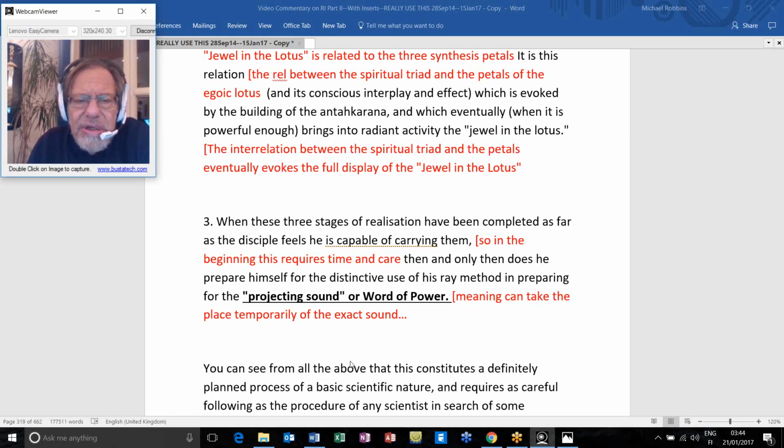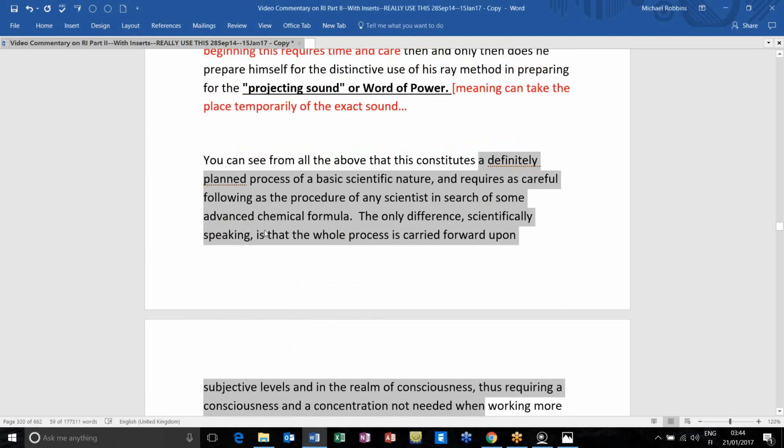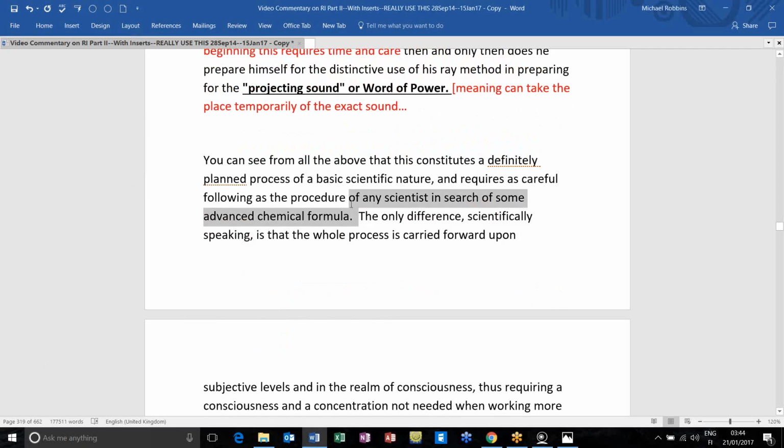You can see, he says, from all the above, that this constitutes a definitely planned process of a basic scientific nature and requires as careful following as the procedure of any scientist in search of some advanced chemical formula.